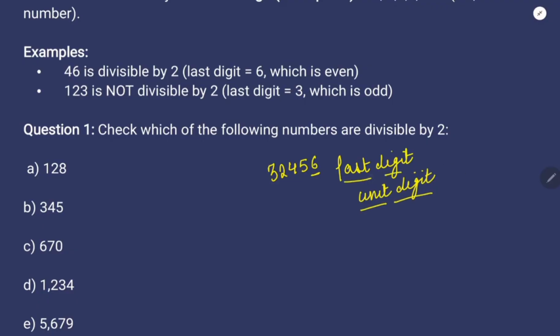When the last digit is either 0, 2, 4, 6 or 8, then you will say yes, this number is divisible by 2. Or if the last digit is not one of them, then you will say no, this number is not divisible by 2.